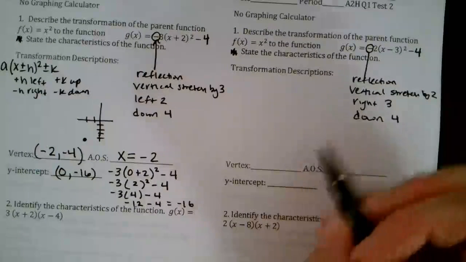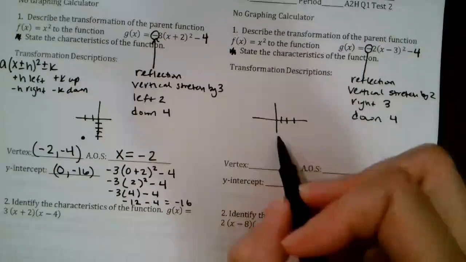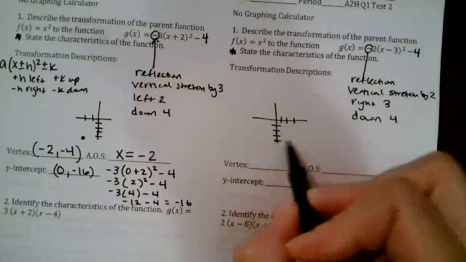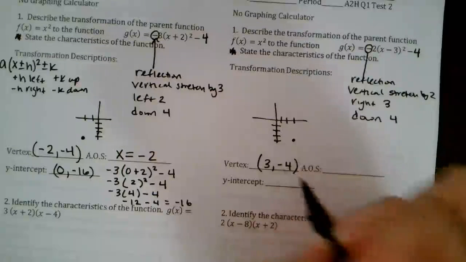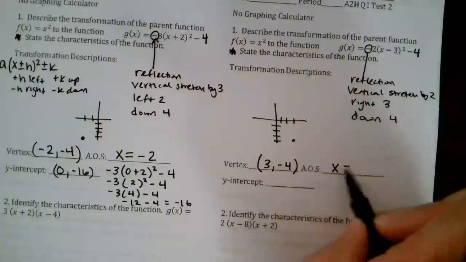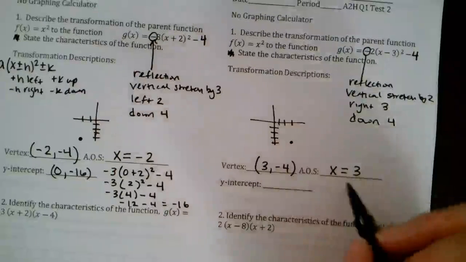For this one, again, if we're moving 1, 2, 3 to the right, and we're moving 1, 2, 3, 4 down, that puts our vertex at +3, -4. Axis of symmetry is always x equals 3. Y-intercept.